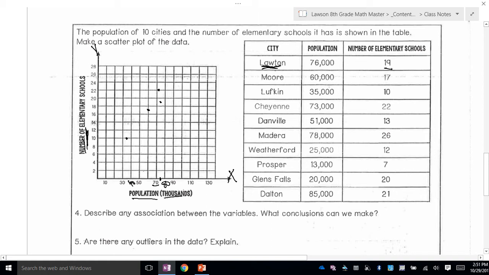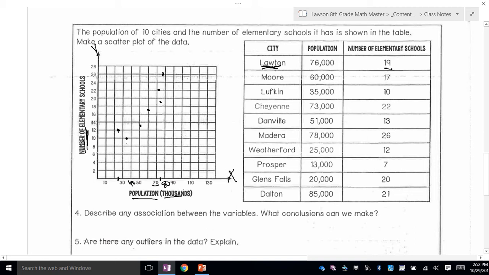Danville at 51,000, we'll put it very close to this 50,000 mark, has 13 schools, which will be between 12 and 14. Madeira at 78,000, which will be over here really close to the 80,000, has 26 schools, so I'll come up to the 26 and plot a point on that line. Very good. Weatherford at 25,000. So over here between the 20 and the 30 at 25,000, I'm going to go up and put a point at 12.